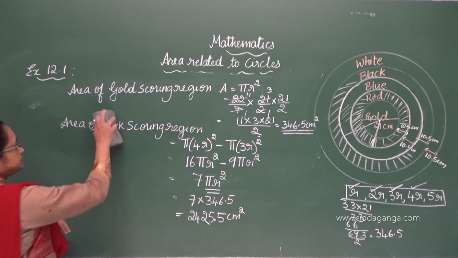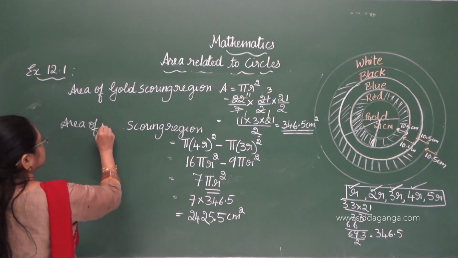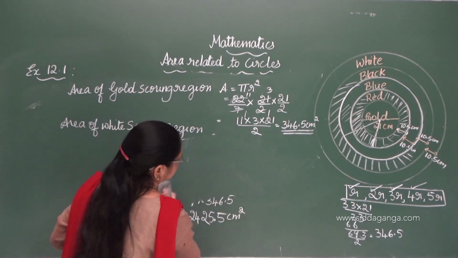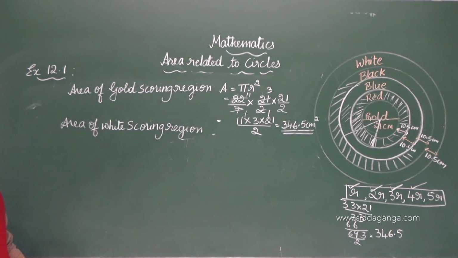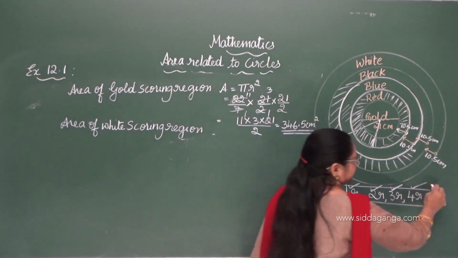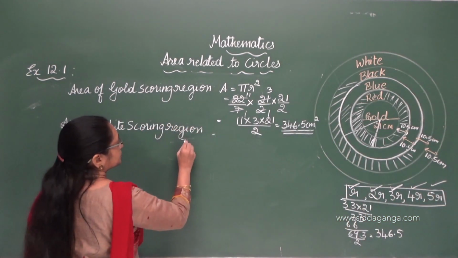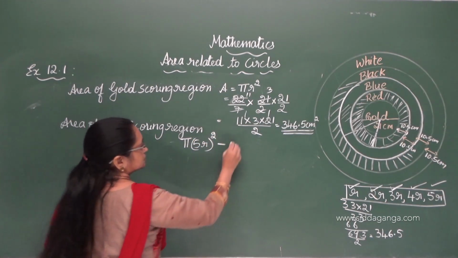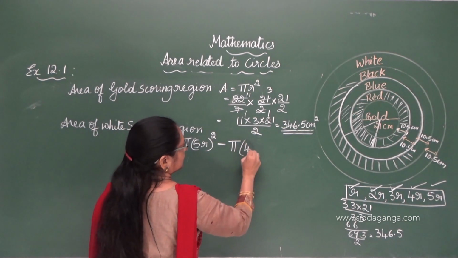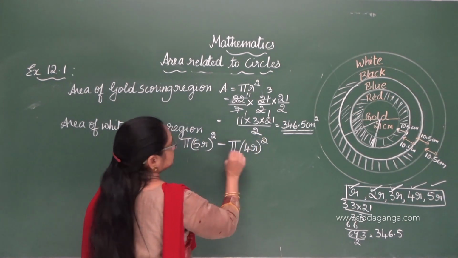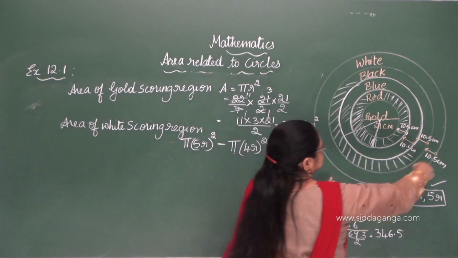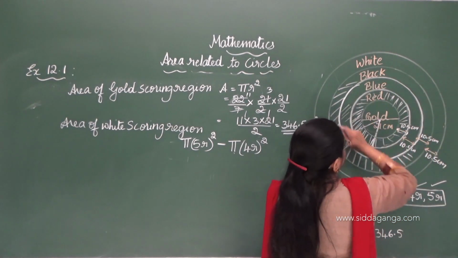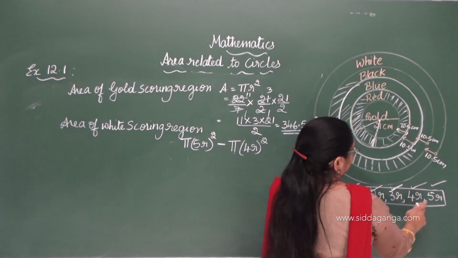And the last one, white color. The white scoring region: the radius is 5r, you all know. So π(5r)² minus π(4r)². Here, see, the whole bigger circle minus this circle having radius 4r.